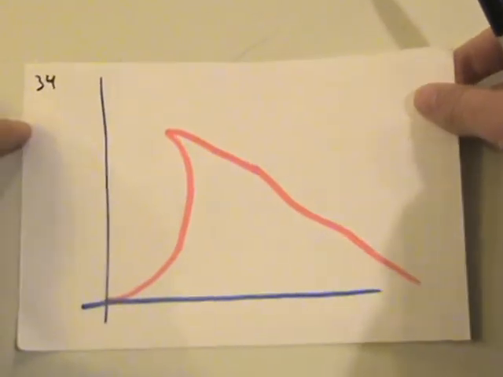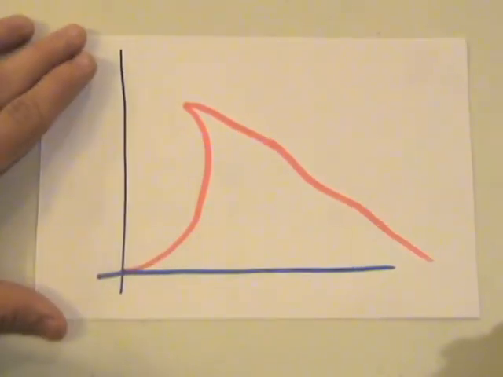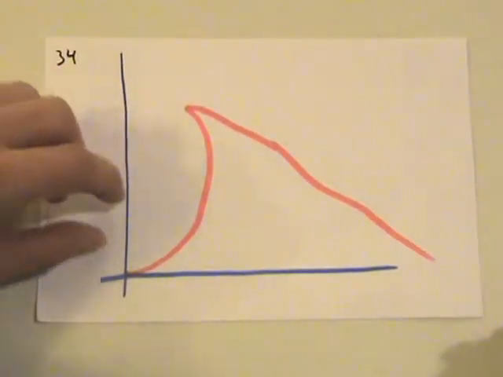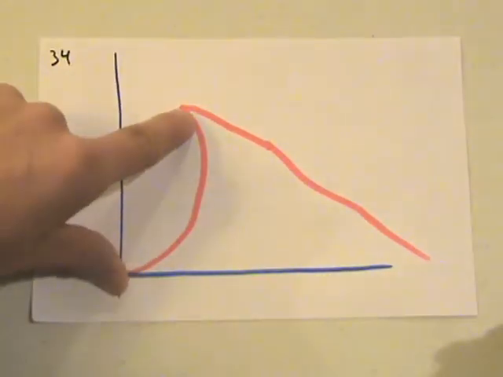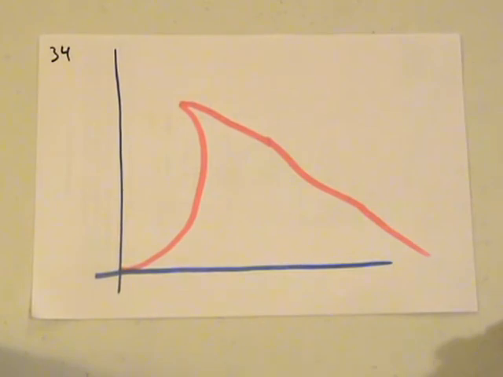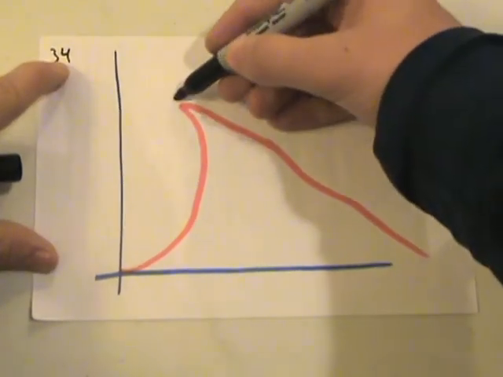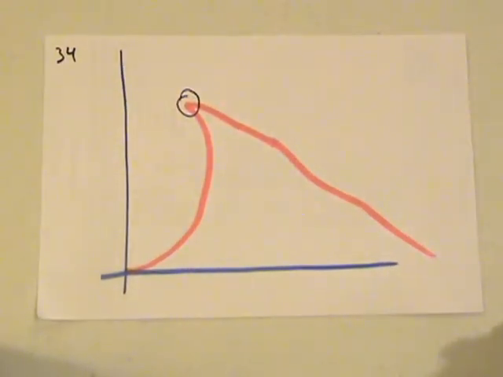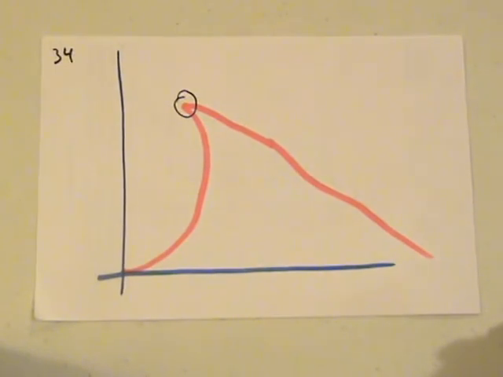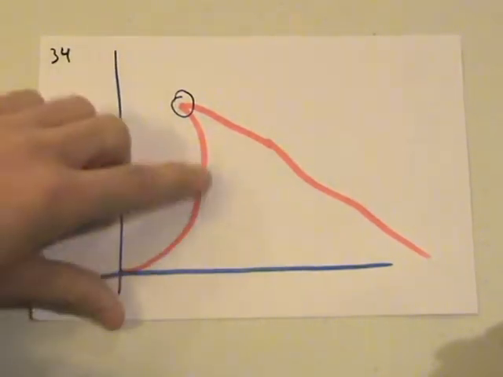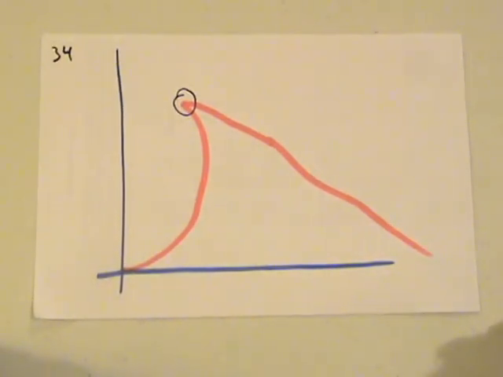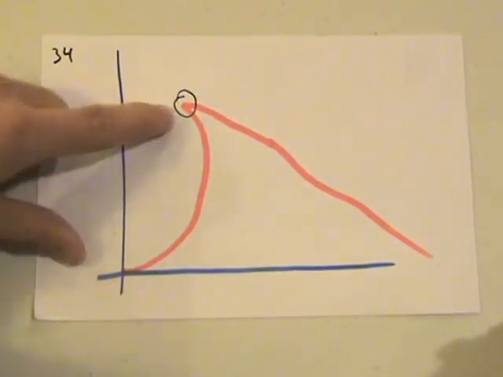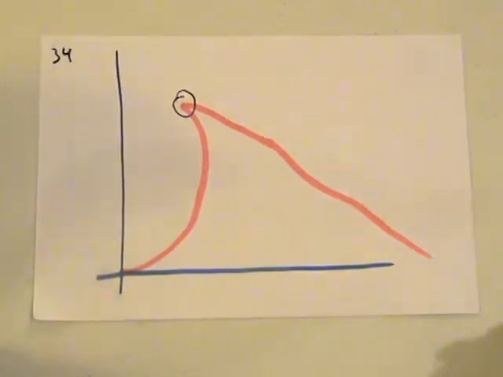And here is 34 asking the same question again: why does the theorem not apply? It applies everywhere, minus my bad drawing, but everywhere except right there at that cusp. At that cusp, it's not differentiable. It's easiest to just see why.